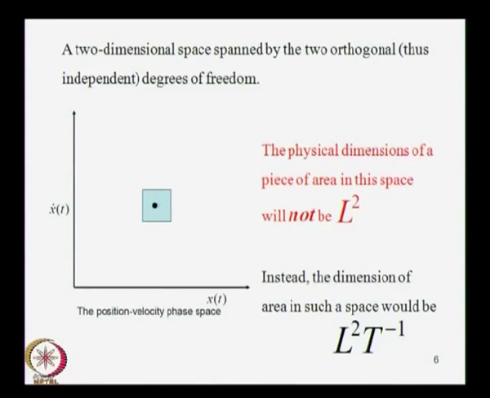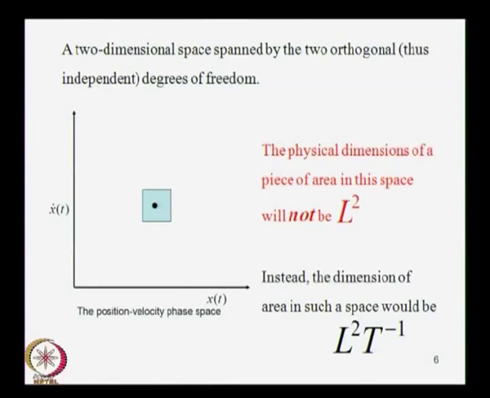So, the dimension of area in this space will be L to the power 2 t to the minus 1. So, remember that area is not always L square, it will have some other dimensions, and it depends on what you are plotting against what, and it is very important in physics to keep track of the dimensions.